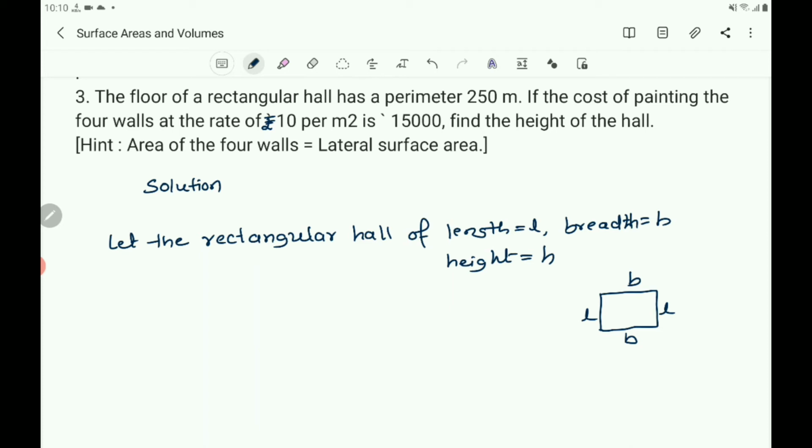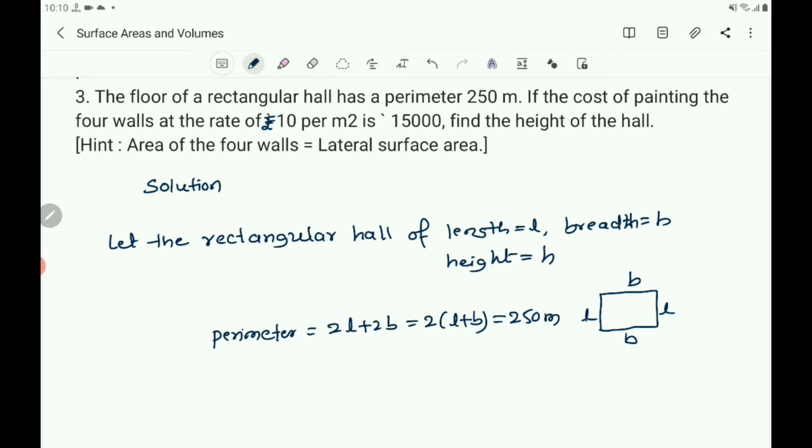So you take perimeter equals 2L plus 2B, that is sum of all the sides, equals 2 into (L plus B) equals what is given, 250 meter.